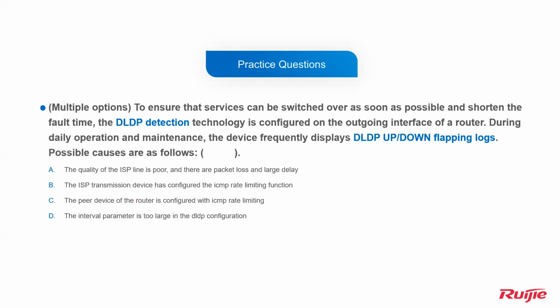A, the quality of the ISP line is poor and there are packet loss and large delay. B, the ISP transmission device has configured the RCNP rate limiting function. C, the peer device of the router is configured with RCNP rate limiting. D, the interval parameter is too large in the DLDP configuration.